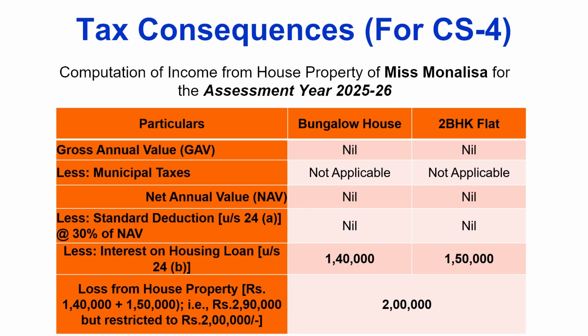So naturally, loss from house property is 1,40,000 plus 1,50,000, that is 2,90,000, but it is restricted to 2 lakhs as per the rule. We'll get up to 2 lakhs. Naturally, loss from house property will be shown as 2 lakhs for deduction.